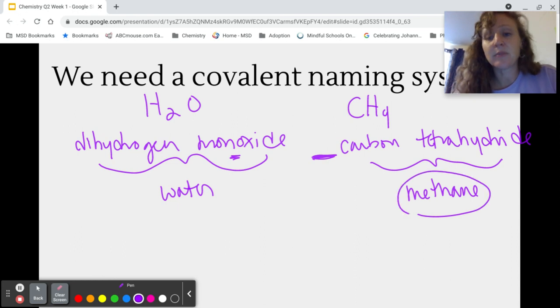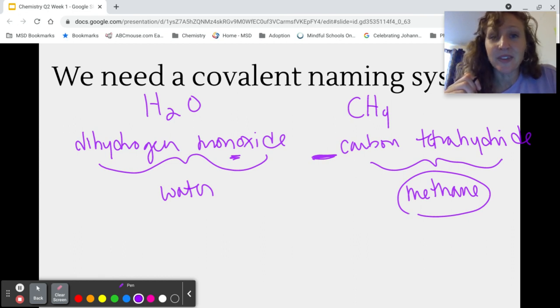That name is actually from a different naming system. It's from the organic molecule naming system, which you will learn in AP Chemistry when you take that with me. So again, it's a covalent molecule. We can name it within the covalent naming system, and we would name it carbon tetrahydride.